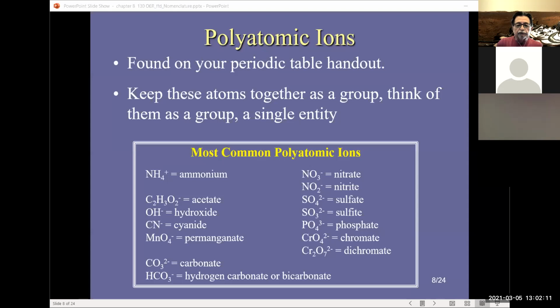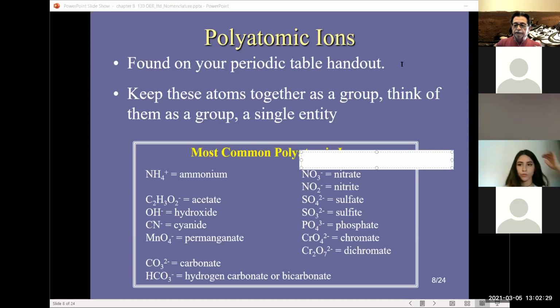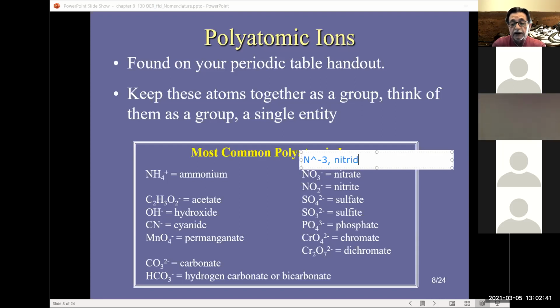If we look at just nitrogen itself, when it becomes an ion, remember that it is in group 5. Therefore, it will pick up 3 electrons and end up with a -3 charge. When that occurs, we change the name to nitride.